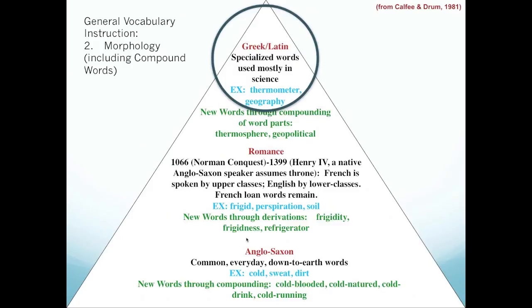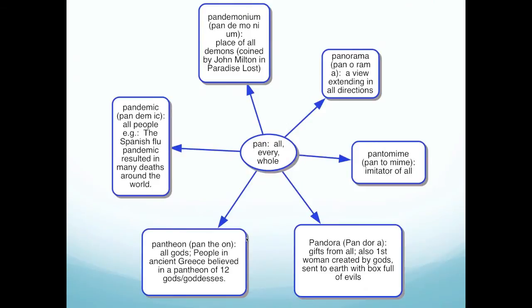So one of the words that comes up in Greek mythology is the word pan, which means all, every, whole, like the pantheon. And when we come up with a word like that, we also want to look at the whole body of words, the whole family of words that you could be using.